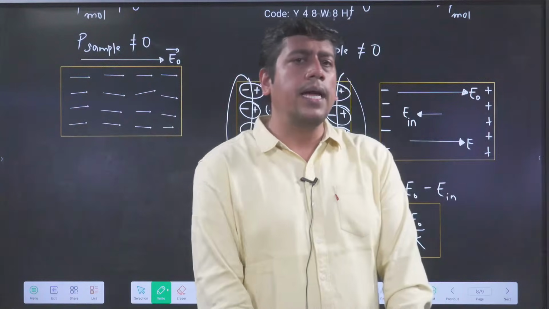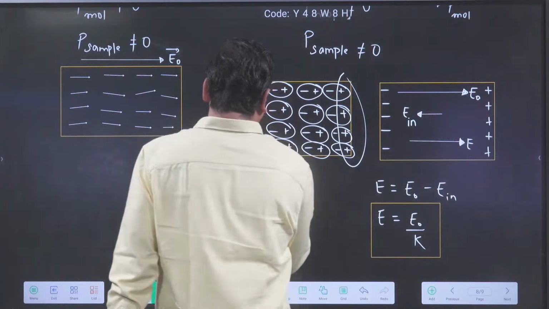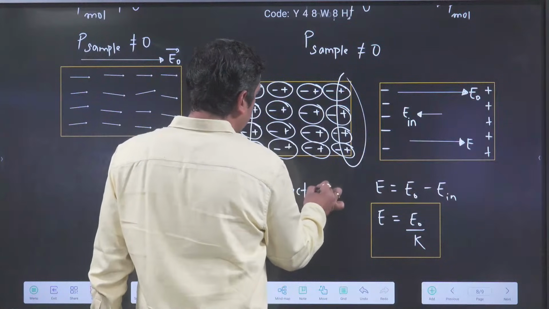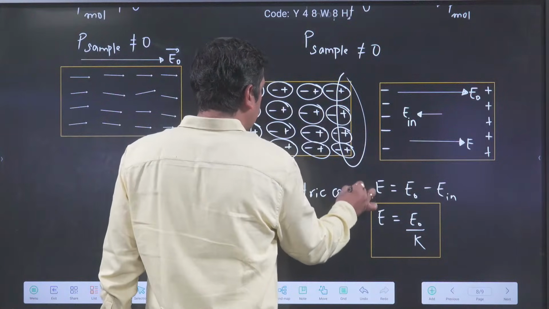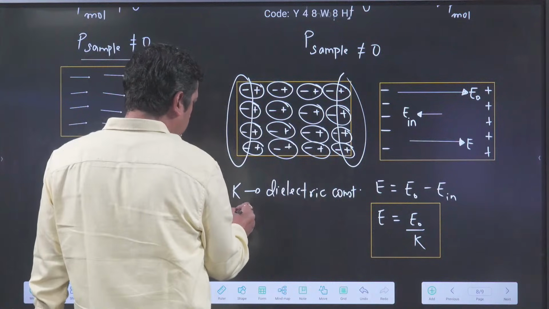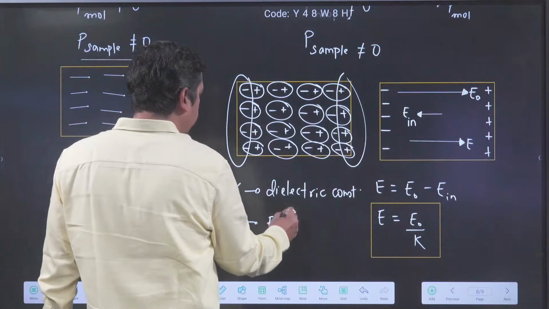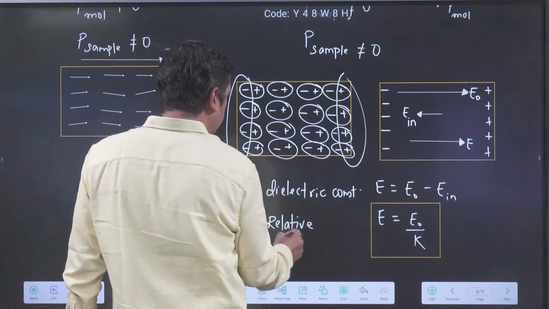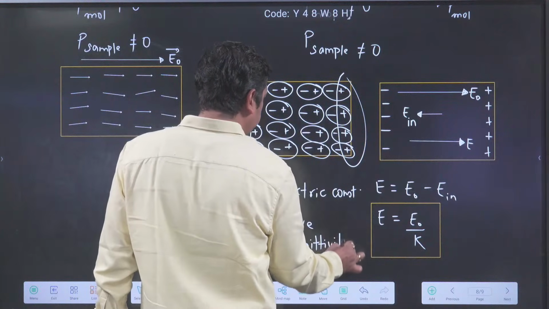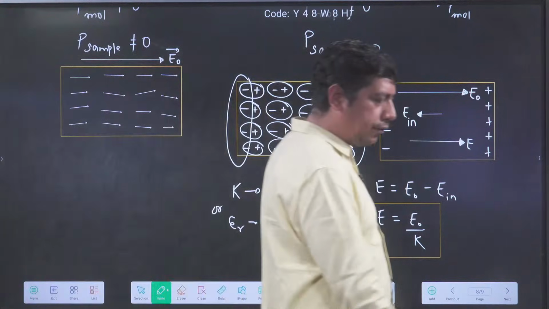So it becomes E naught by K, where K is known as the dielectric constant. K is also known as relative permittivity.